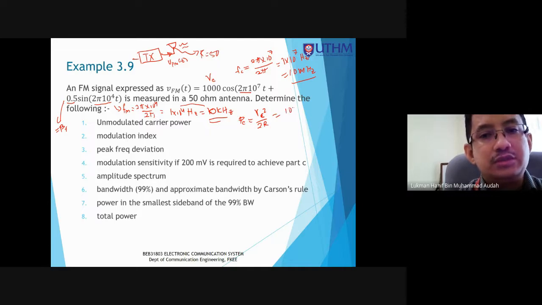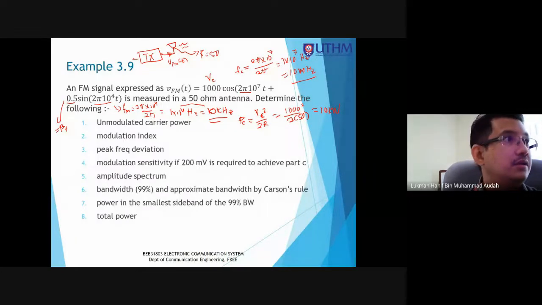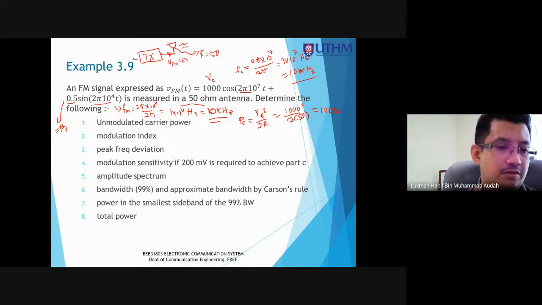So 1000 squared divided by 2 times 50, which is 1000 squared divided by 100. You get 10,000, which is 10 kilowatt.